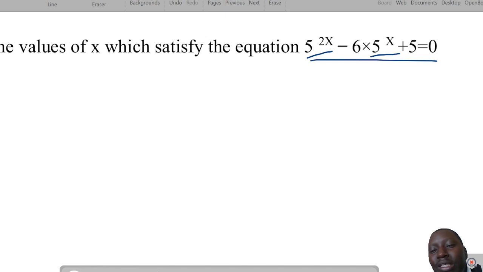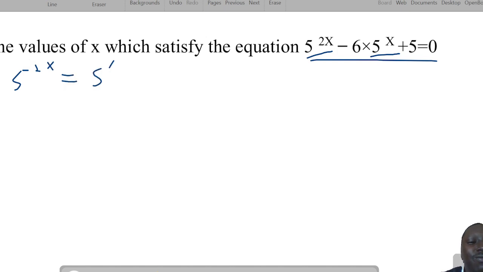But I can split 5 to the power of 2x so that it is in terms of, again, 5 power x, by use of the laws of indices.